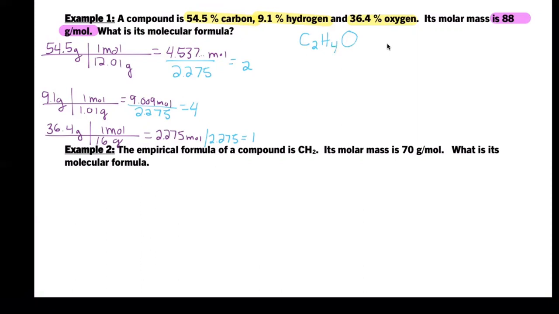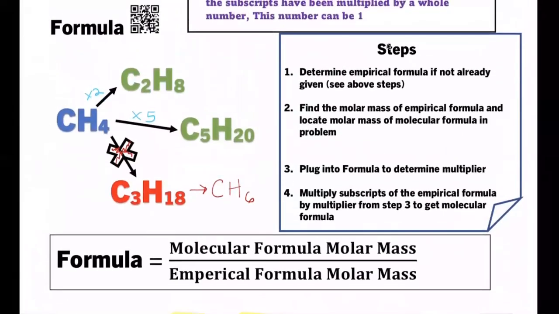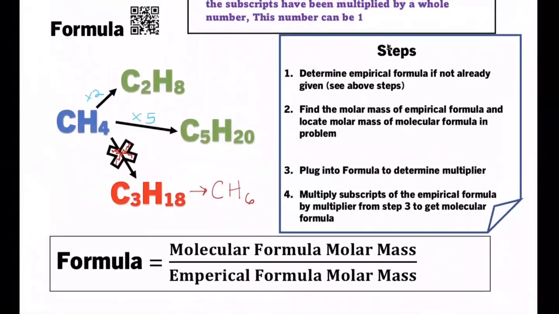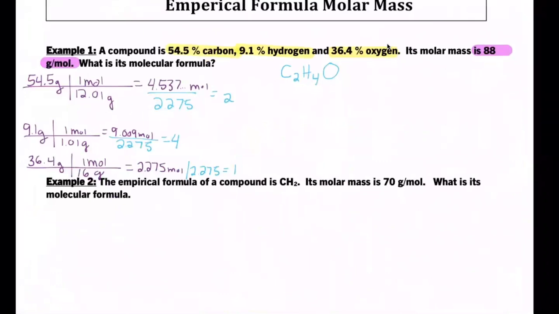Now, if I go back up to my steps here, now that I've done step 1, I'm going to find the molar mass of the empirical formula. So to find a molar mass, we should know that we're going to take the mass from the periodic table. So for carbon, 12.01, but there's 2 of them, plus the next element, hydrogen. There's 4 of them.